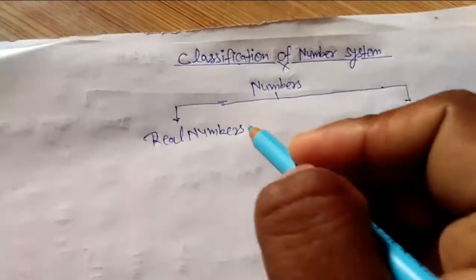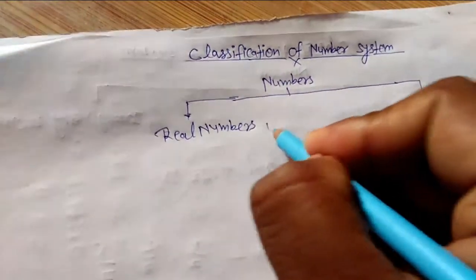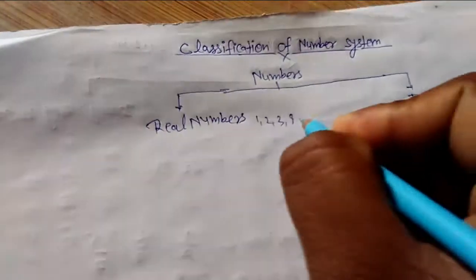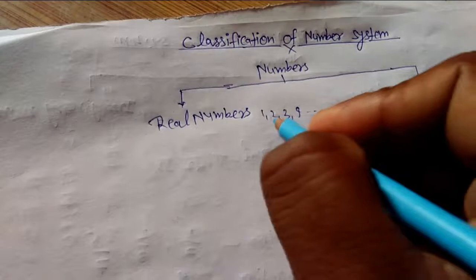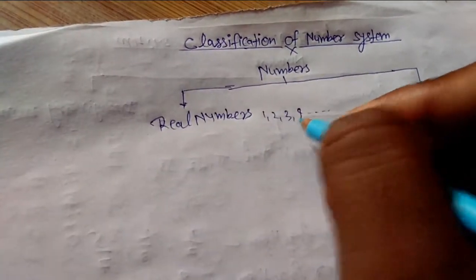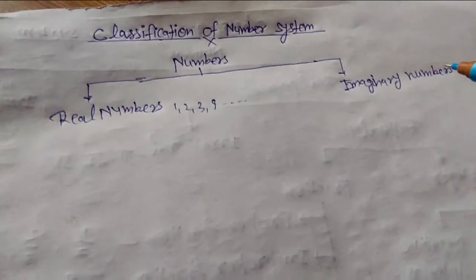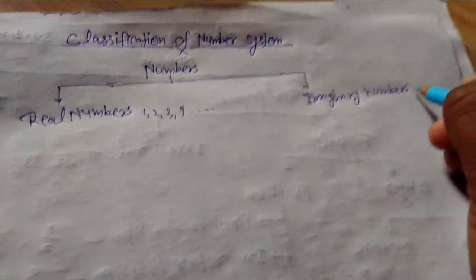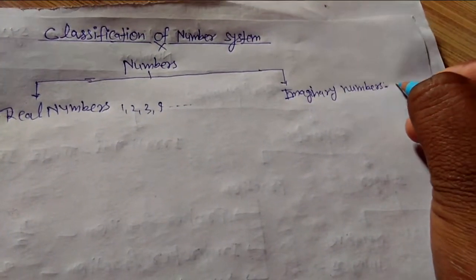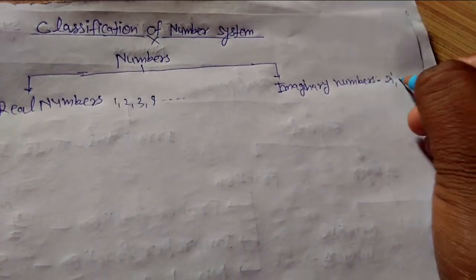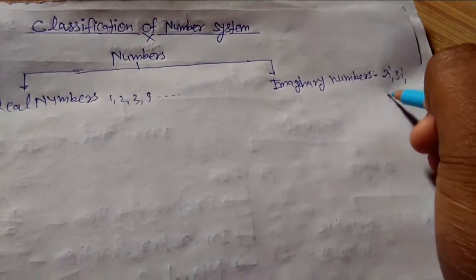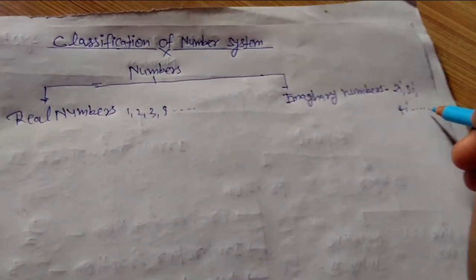Real numbers are those numbers like 1, 2, 3, 4 and so on, and 0, integers. Imaginary numbers are those like 2i, 3i, 4i and so on.